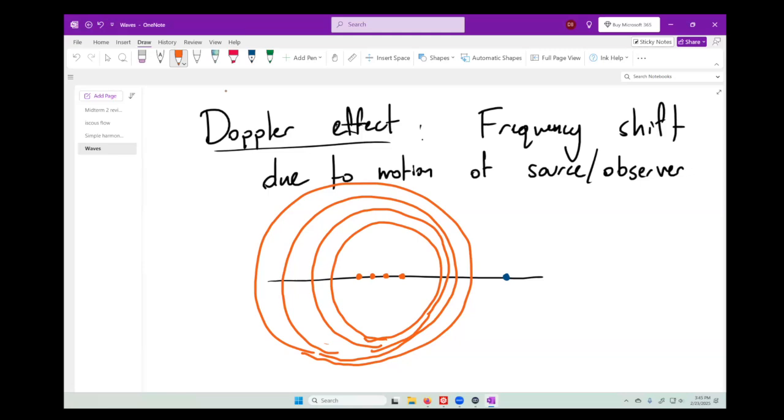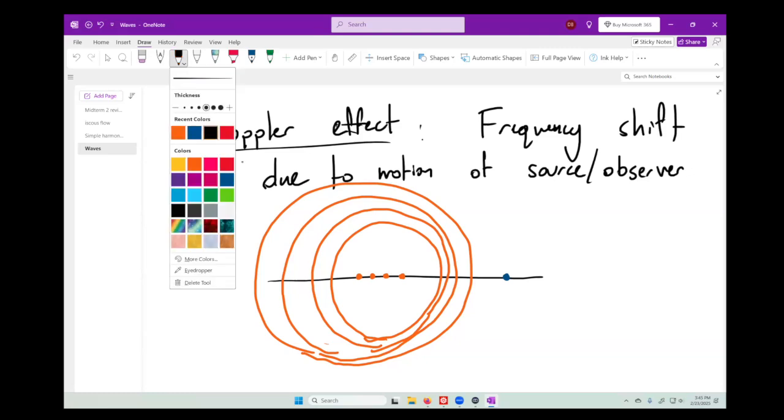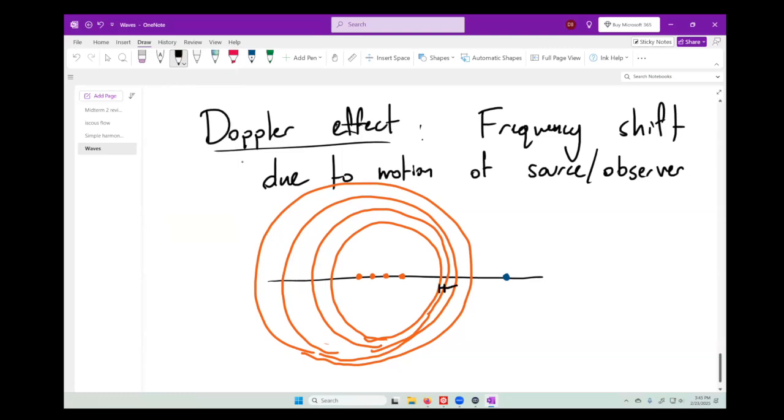Right, as our source, let's say our source is approaching our observer like this, then in the direction the source is moving, these wave fronts are going to be spaced closer together. And in the direction that the source is moving away from, the wave fronts are going to be more spread out. So the distance between the wave fronts, this is the wavelength.